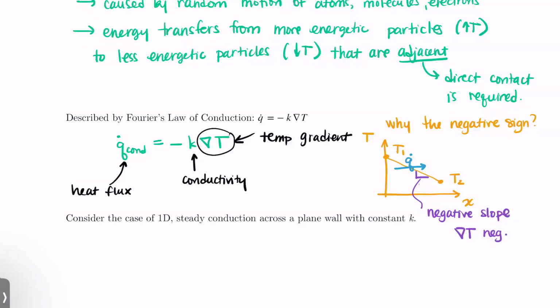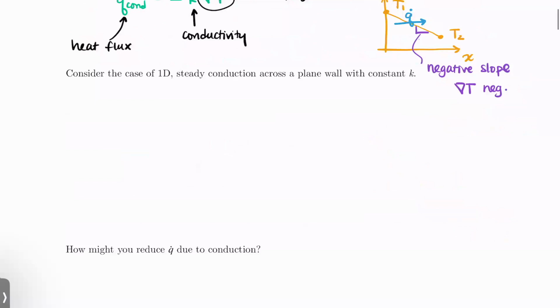Okay. So we want to consider, just as an example, the case of 1D steady conduction across a plane wall with constant K. I'm going to approach this just like we did in the fluids portion of the class.